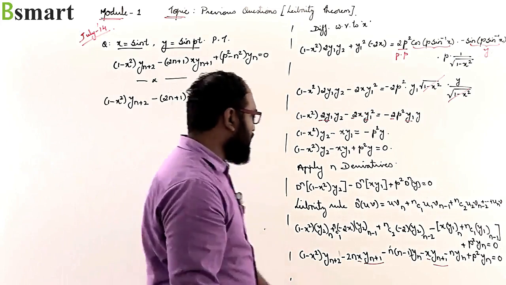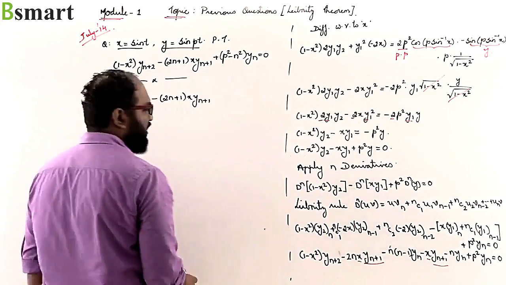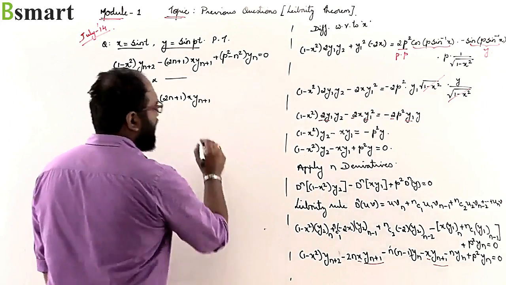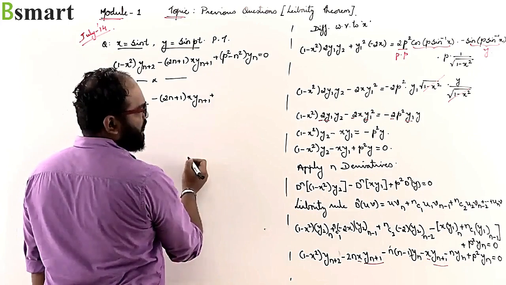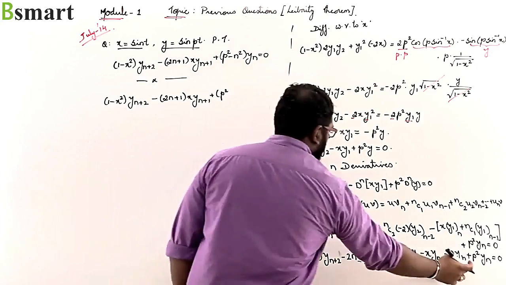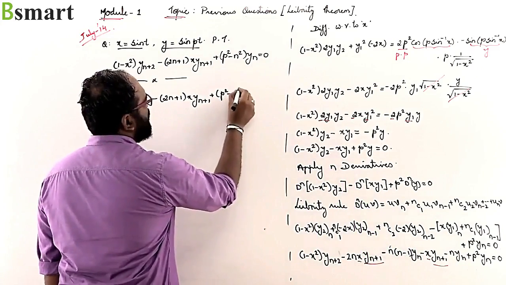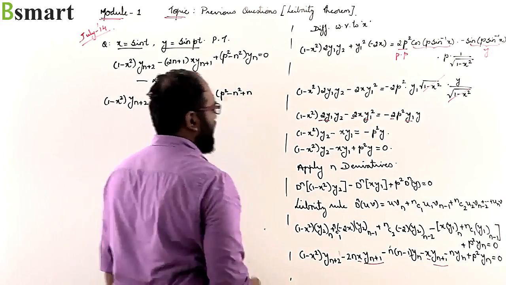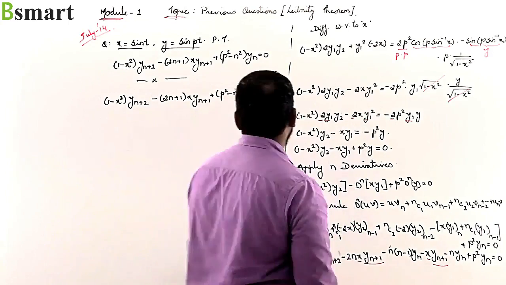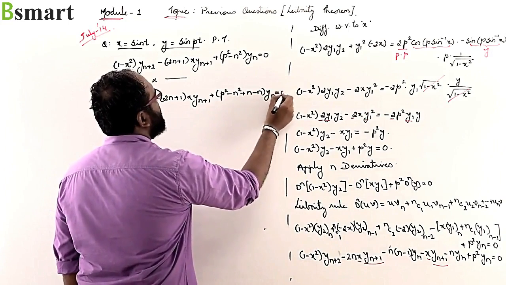And now from all these three terms take out yn common: that is p square, and here minus n square plus n, and again minus n into yn, equal to 0.